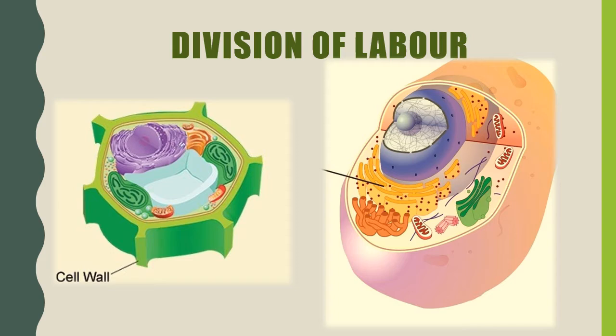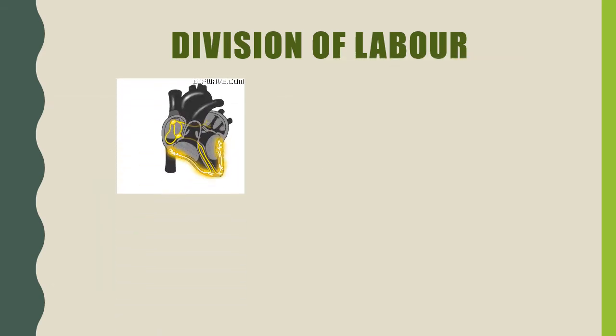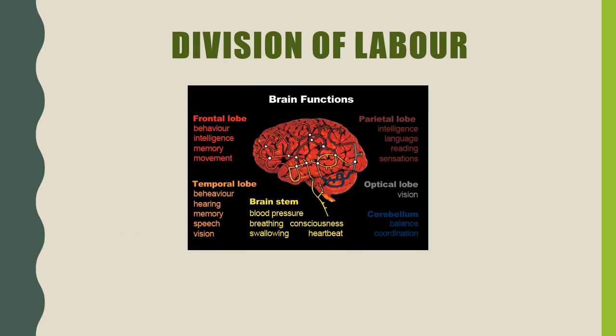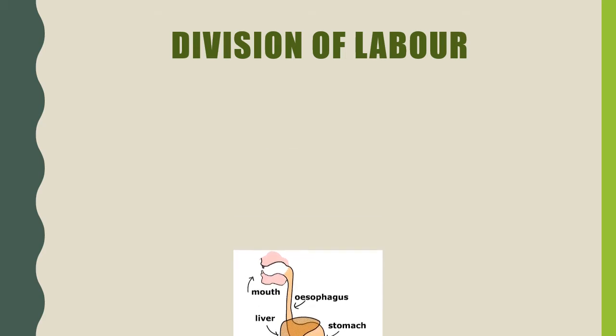And just as in your body, there are different organs to perform different functions. For example, heart to pump the blood, brain to think and control, and digestive organs to digest the food. Same way, a cell has different organelles to perform different functions.